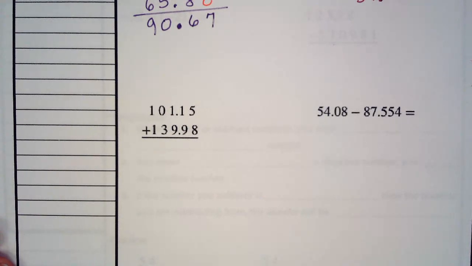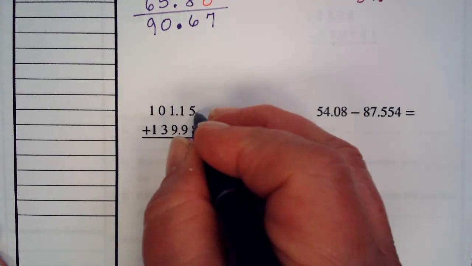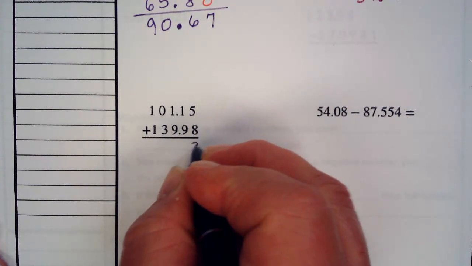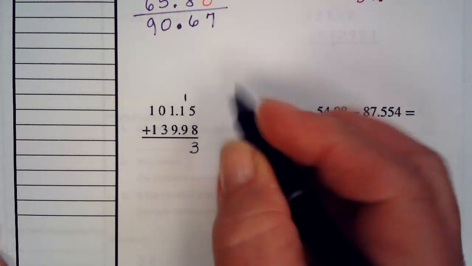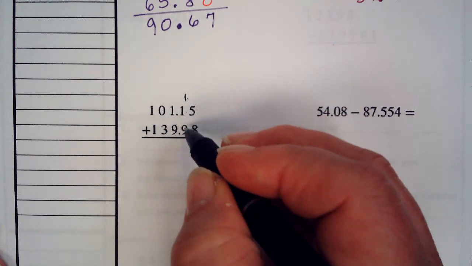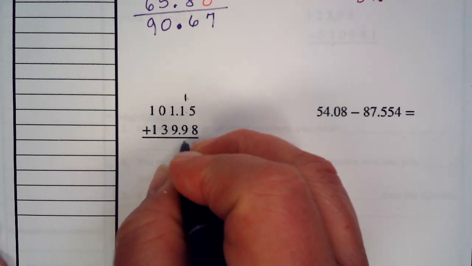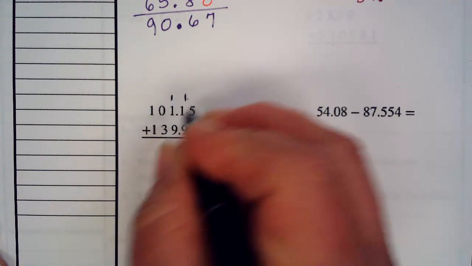Okay, pause the video and see if you can do the next one on your own. Well, hopefully you tried it on your own. 5 plus 8 is 13. Carry a 1. 1 plus 1 is 2. 2 plus 9 is 11. Carry a 1.